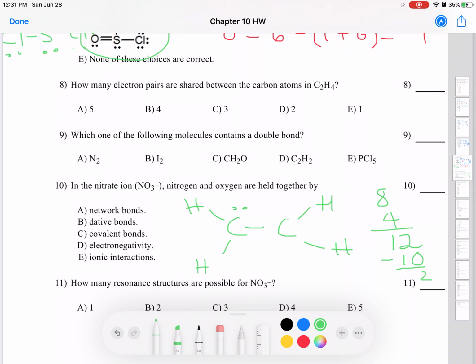So what we're going to do is take this lone pair and put a double bond between the carbons. So that will give you this structure. So how many electron pairs are shared between the carbon atoms in C2H4? There are two pairs of electrons shared. So the correct answer is going to be 2.